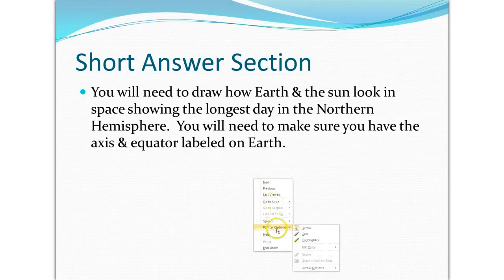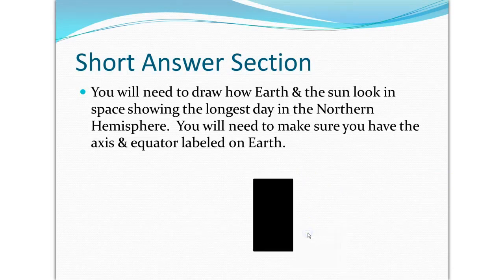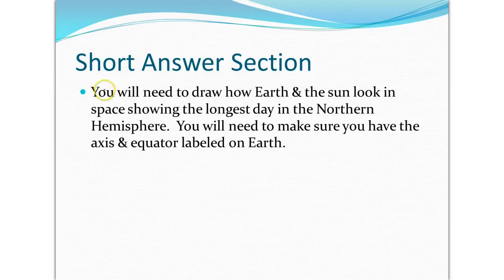So let me switch here, my pointer, get my pen. So if I have the Earth and I have the sun over here, get some rays, what's the tilt going to be? Well, the axis, the tilt is going to need to be, for northern hemisphere, towards.